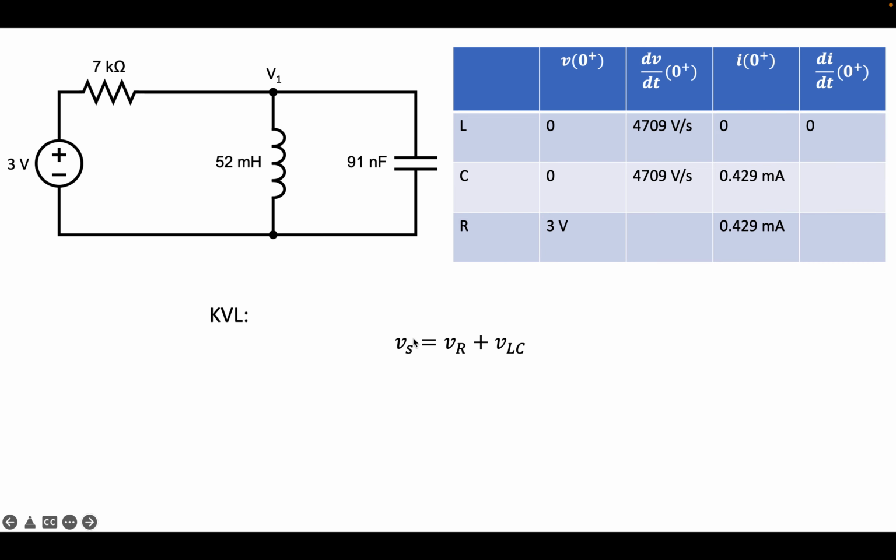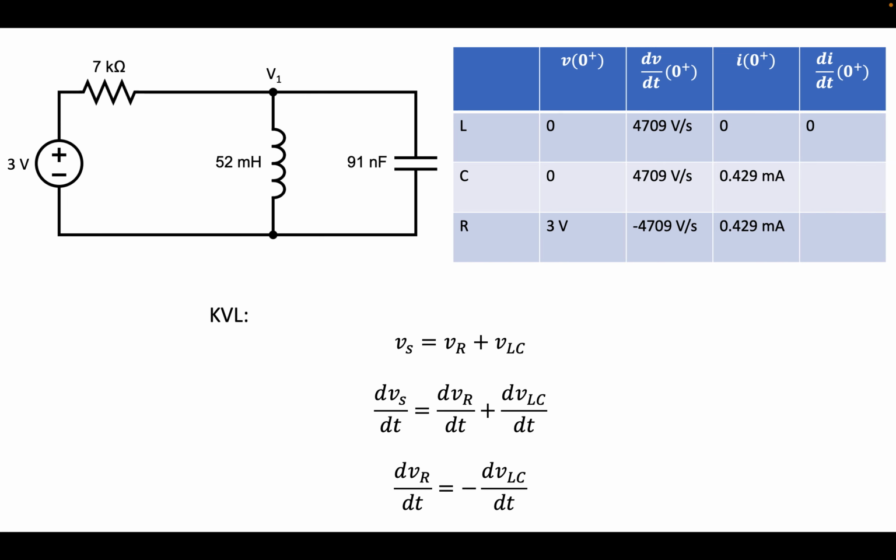I say, look, this is the same KVL we had before, okay? But I'm going to differentiate it because it should hold true even when I differentiate it. And since we know that in this case, our voltage source is constant, its derivative will be 0, such that dVR/dt is simply negative dVLC/dt.